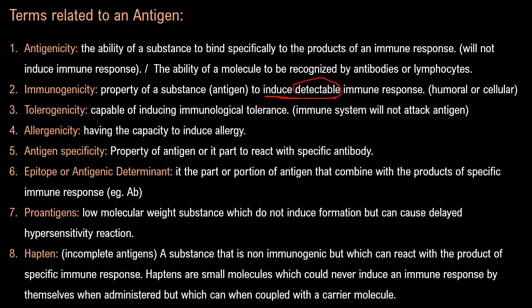Haptens are small molecules which can never induce an immune response on their own. If only haptens are introduced into a host body, they will not trigger any immune response. But if they are administered with a carrier molecule, then they are able to trigger or induce an immune response.